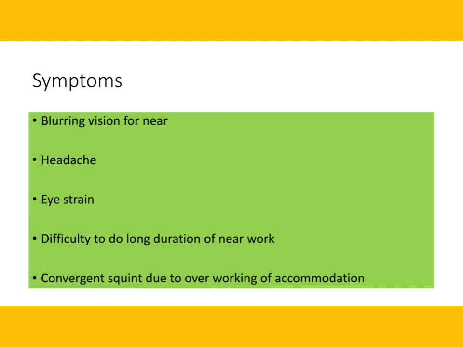Now as the person is inducing 4 or 5 diopter of accommodation, it leads to 18 or 20 prism diopter of convergence, where he only needs 12 prism diopter. So this is how excess convergence occurs, due to overworking of accommodation.